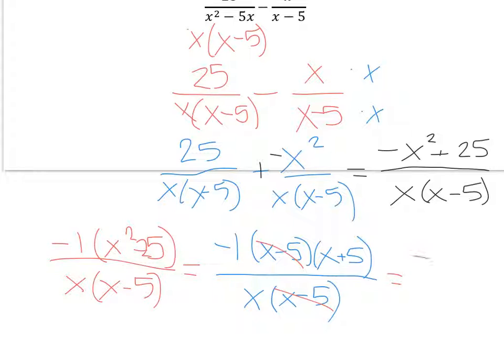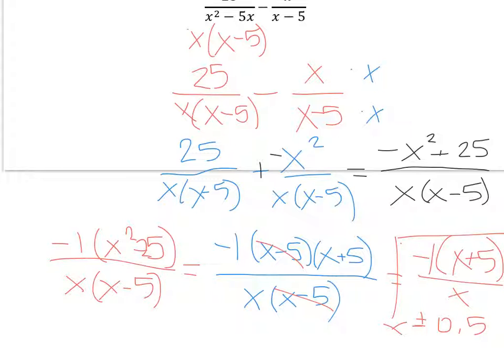So I'm left with negative 1 parentheses x plus 5 all over x. So that is as simple as this problem will go. And I just need to add in that my domain is x cannot equal 0 or 5.